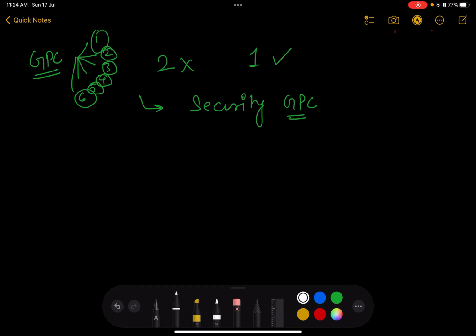Now further, after connecting the GPC, we start with the background, right?